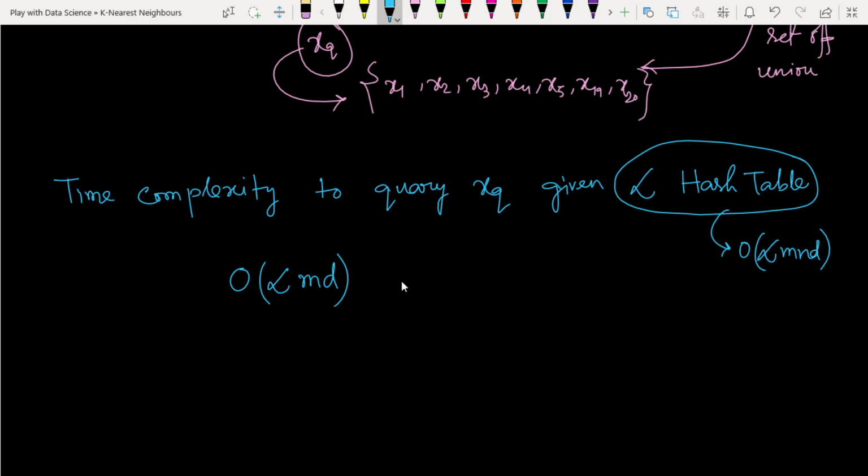In general, if L is small, we can repeat this a small number of times, so we can conclude that if L is small, this time will be order of m d.